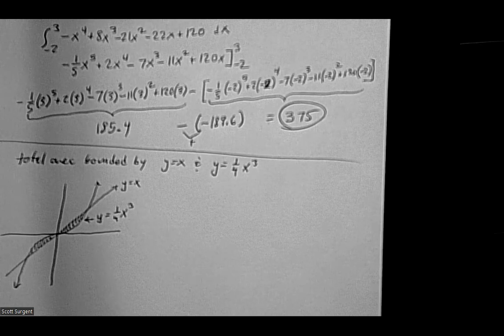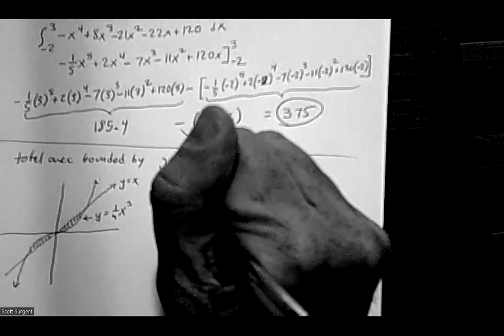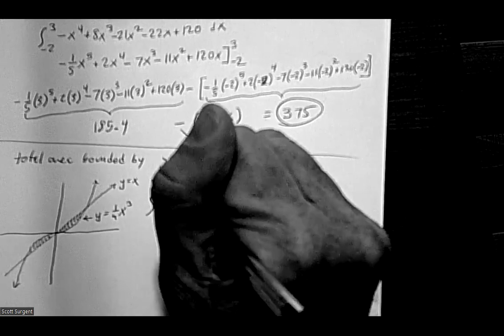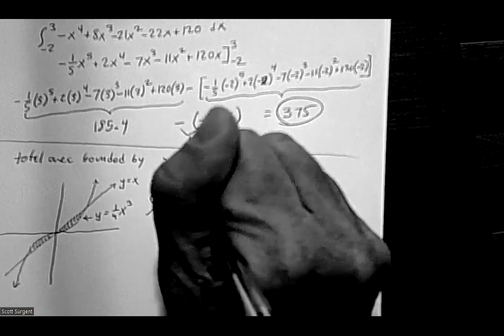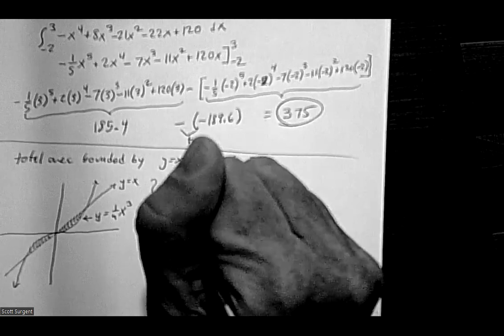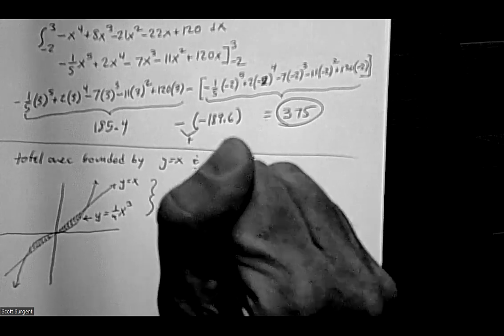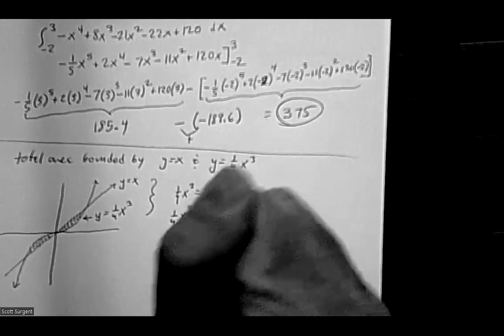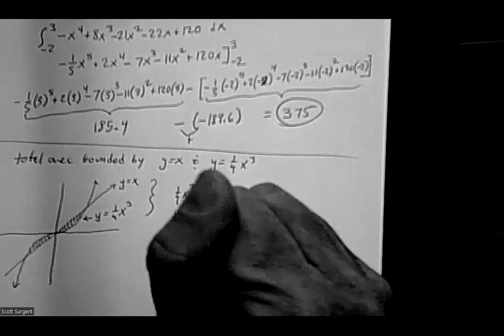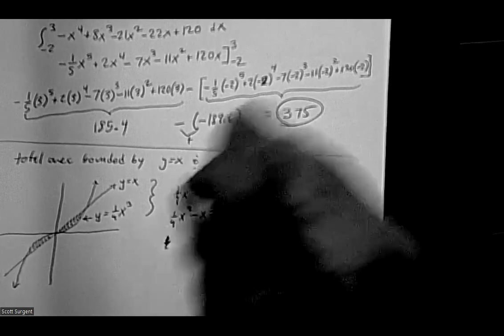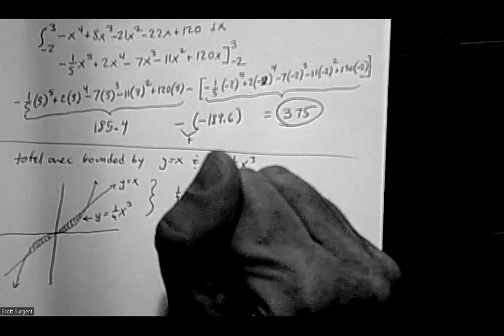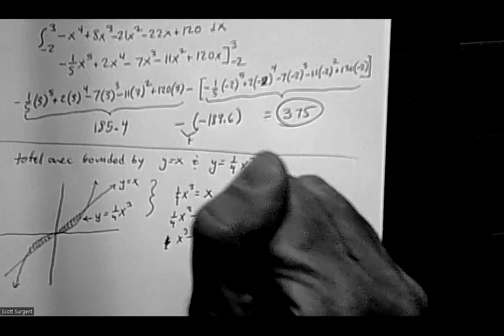What we need to do is find out where they intersect. So we set them equal to each other and solve for 0. We bring the x over. Actually, I don't like fractions, so I'm going to multiply through by 4. I get x cubed minus 4x equals 0.